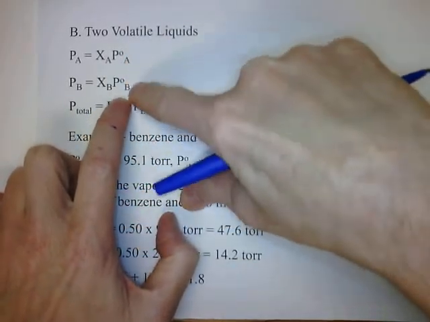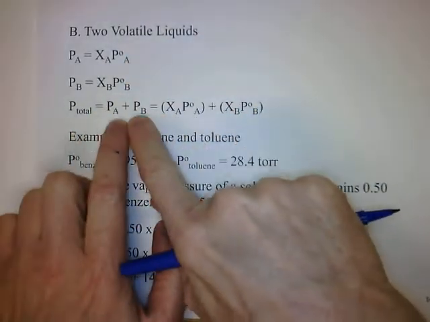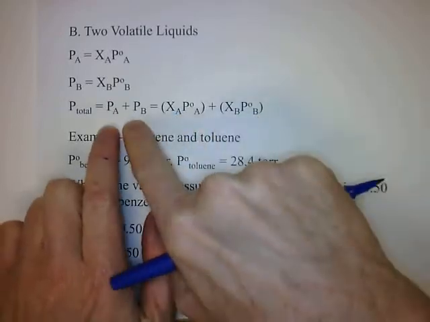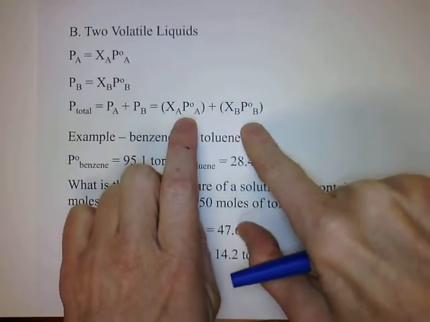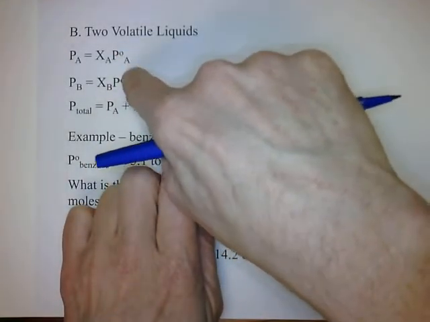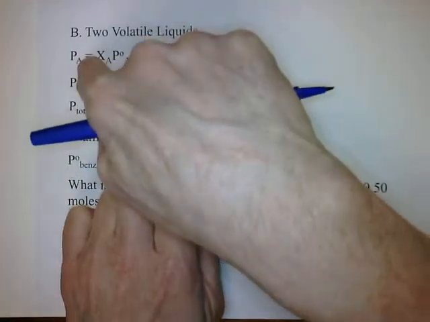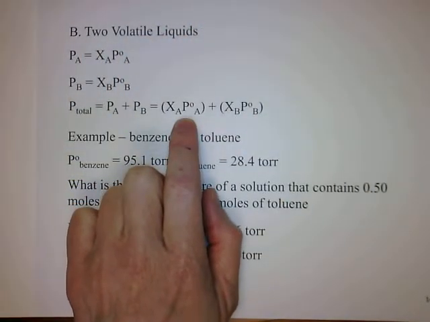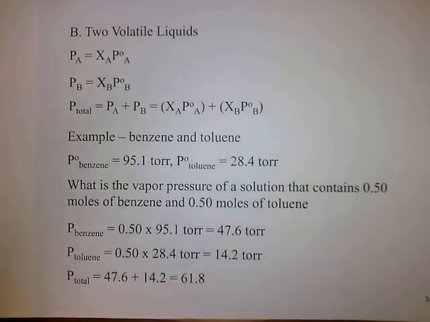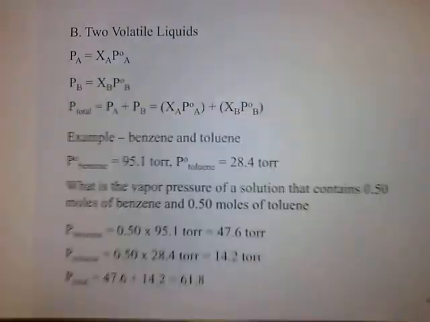So we have to do this calculation twice and then add the two together to get the total pressure. Like I say, A lowers the vapor pressure of B, and B lowers the vapor pressure of A. So we have to do it twice and then add the two components together.